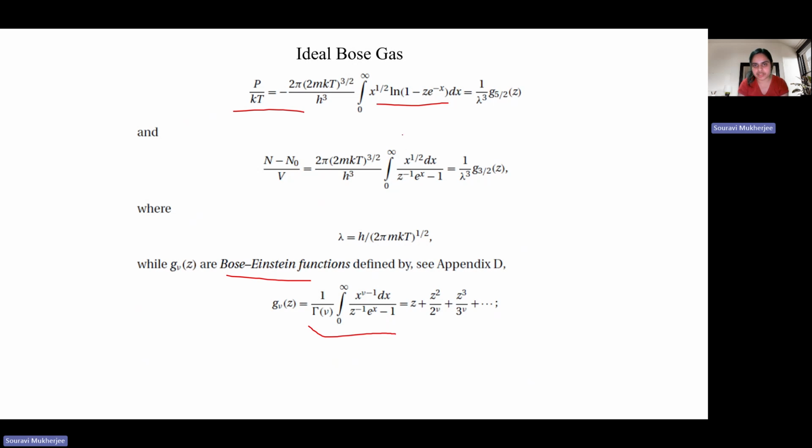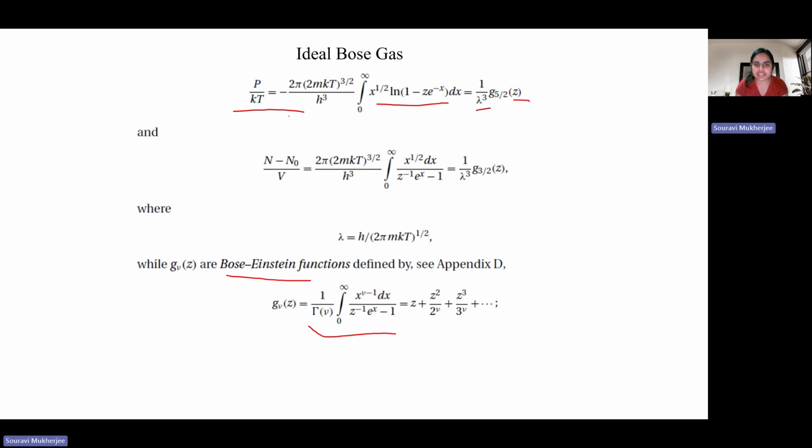So you can rewrite it: P by kT becomes 1 by lambda cubed g 5 by 2 of z, where z is your fugacity and lambda is the mean thermal wavelength.